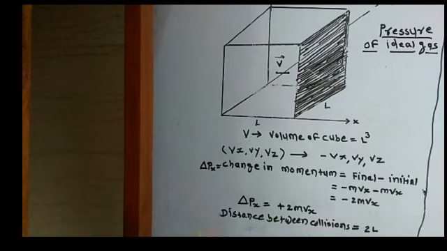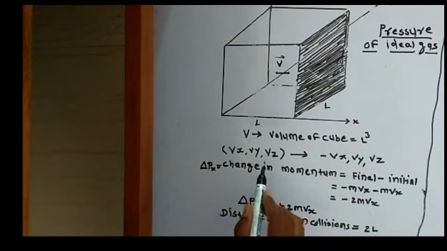We consider the cubical container, which has a shaded wall parallel to the YZ plane. When a molecule moves with velocity Vx, Vy, Vz, then after striking the shaded wall, the molecule rebounds back.